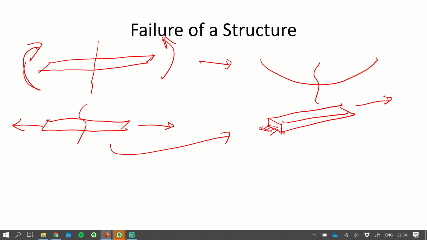There will be a stress at this particular cut. The stress there is proportional to the force F here divided by the cross-sectional area. And this is one of the things that you will learn in mechanics of materials.